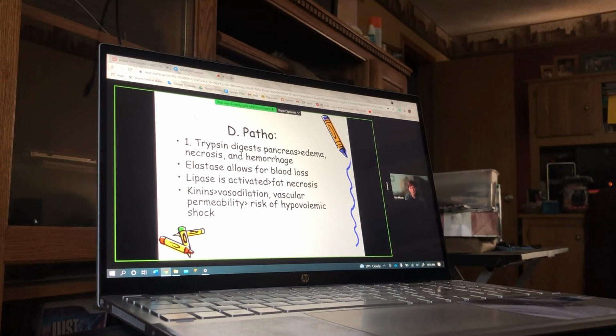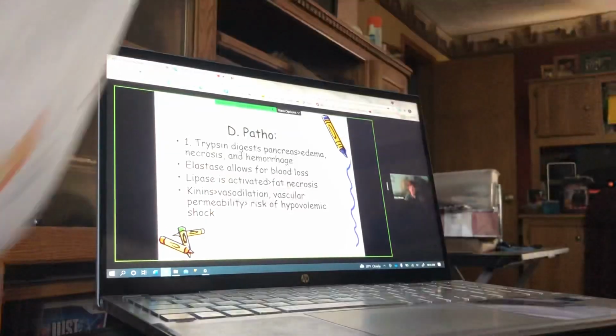And remember, the more we talk about severe problems, this is not your mild case of pancreatitis. This is more of your moderate to severe patient. So I'm giving you the worst case scenario. The more common symptoms would be pain, nausea, that kind of thing that would bring them into the hospital.